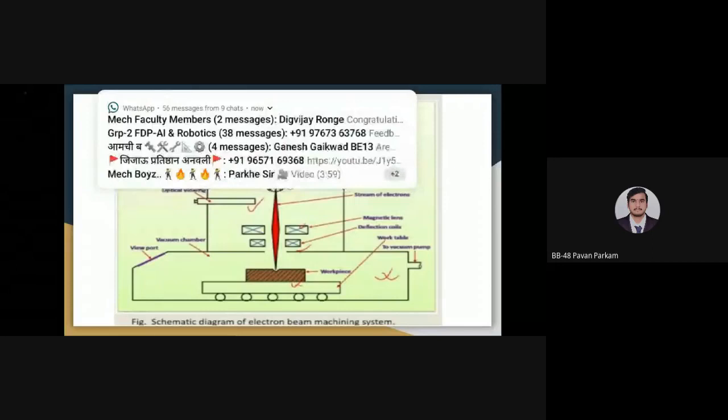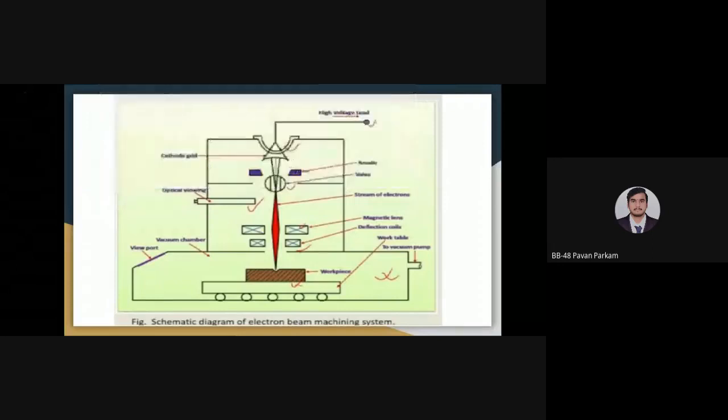So this electron beam, or the stream of electrons, is coming outside from your cathode filament, which is made of tungsten. How will electrons be produced? Because of the repulsion force from your cathode.